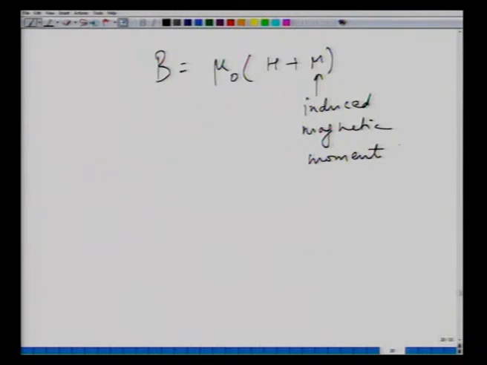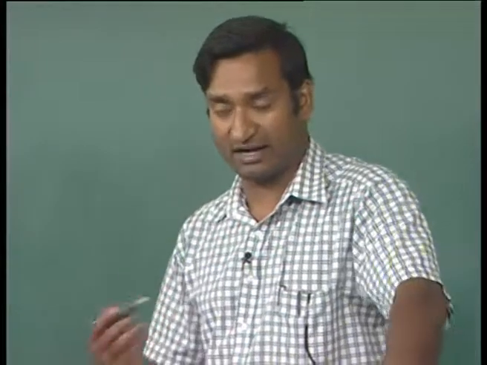This M can be positive or negative both, and the quantity which characterizes the sign of M is susceptibility, which is nothing but M by H. This susceptibility is similar to dielectric susceptibility, in the sense that it gives a measure of the magnetic response of the material.